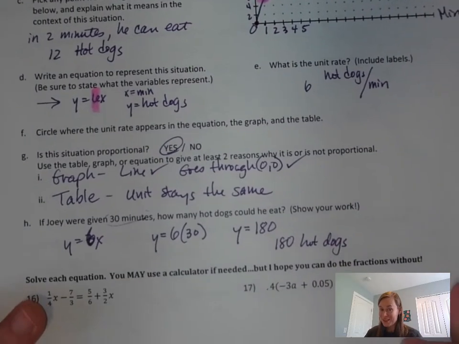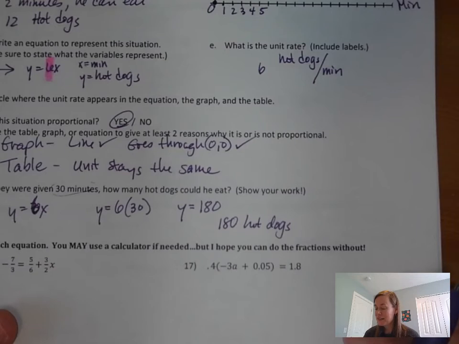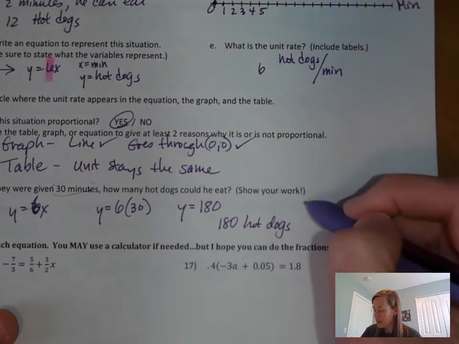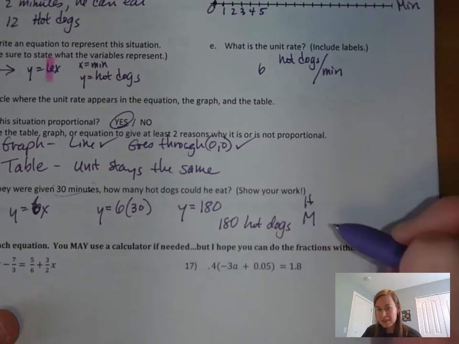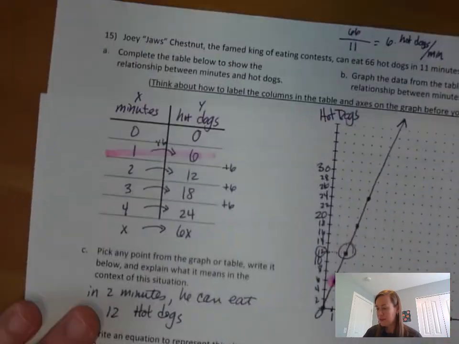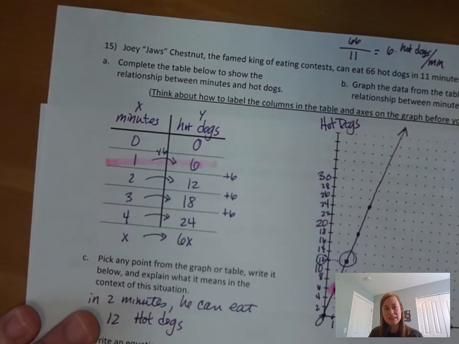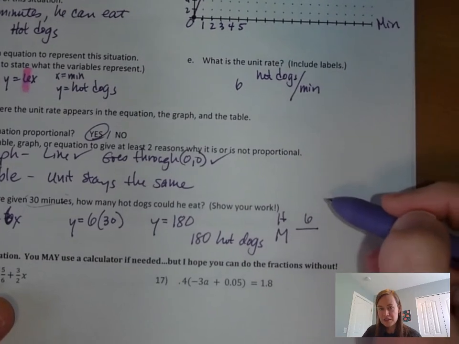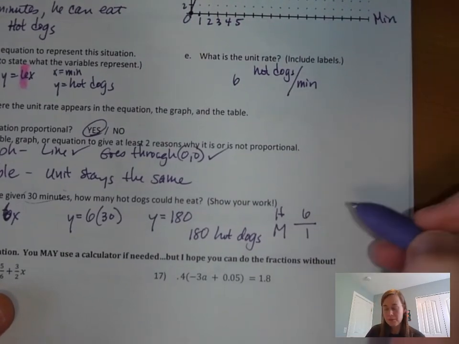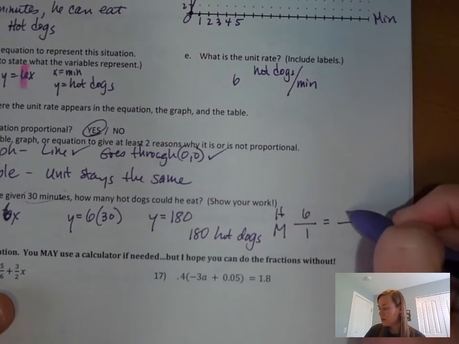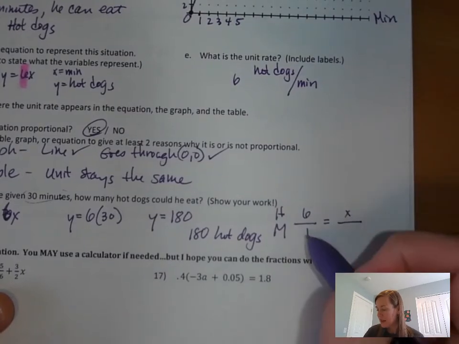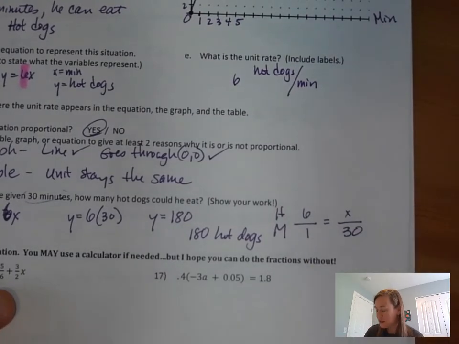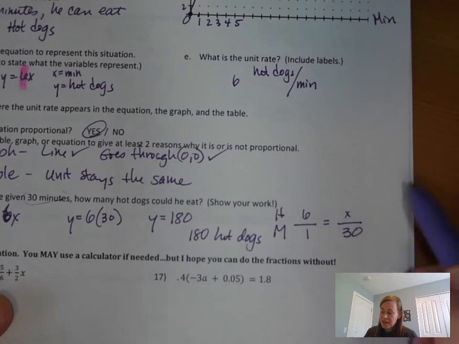Or you could set yourself up a proportion. Now let's see here. We're doing hot dogs per minute, so hot dogs on top, minutes on bottom. Now choose any piece of data here. I'm going to do the 6 and the 1. So 6 hot dogs on top, 1 minute on bottom, and that's going to equal something. I'll write an x, and then the 30 minutes goes down here. So you can figure out your scale factor if you want.